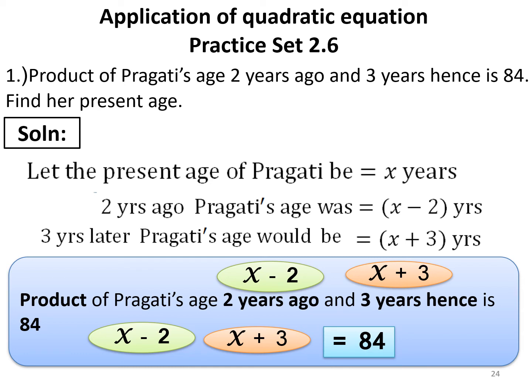So we get x minus 2 into x plus 3 is equal to 84. This is the equation which we framed.